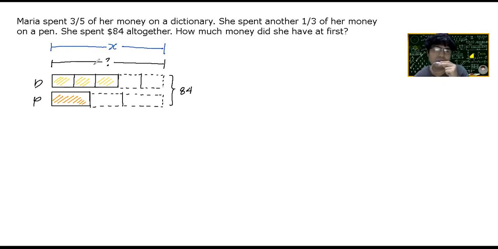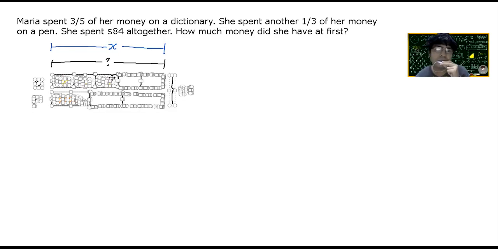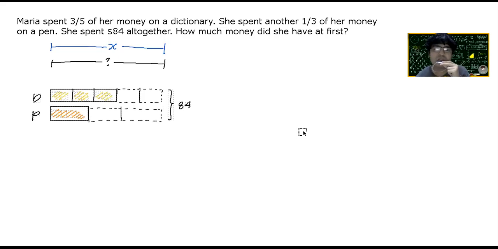When you say 3/5 of her money, that is 3 out of 5 of x. And then one-third of the whole represents the cost of a pen, provided the total of these parts is $84.